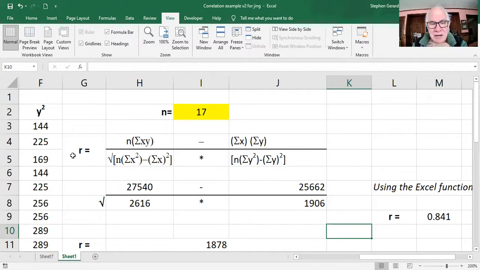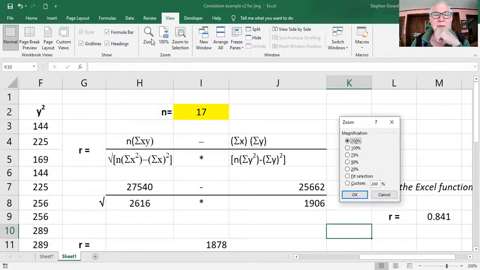R is equal to N, the number of cases, times the sum of the X times Y's, minus the sum of the X's times the sum of the Y's, divided by the square root of N times the sum of the X's squared minus the sum of the X's quantity squared, times N times the sum of the Y squareds minus the sum of the Y's quantity squared. Phew. And you wonder why I went to psychology.